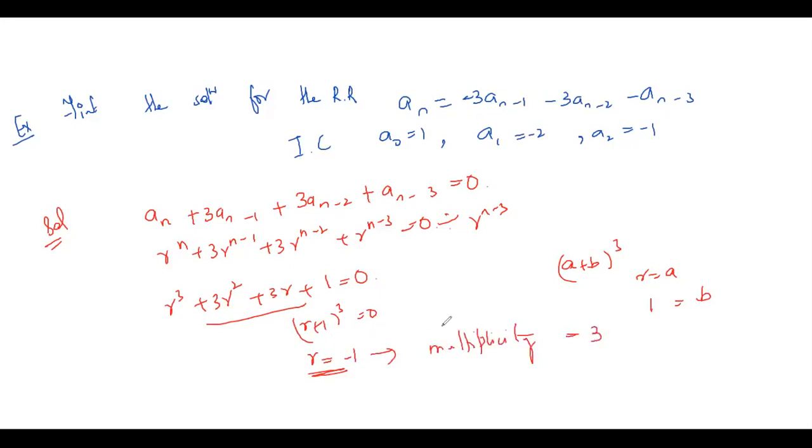Multiplicity is 3 for the root minus 1. Then an can be written as alpha 1 comma 0 plus alpha 1 comma 1 into n plus alpha 1 comma 2 into n square, into whole power minus 1 power n. Or I'll just write it clearly in the next slide.